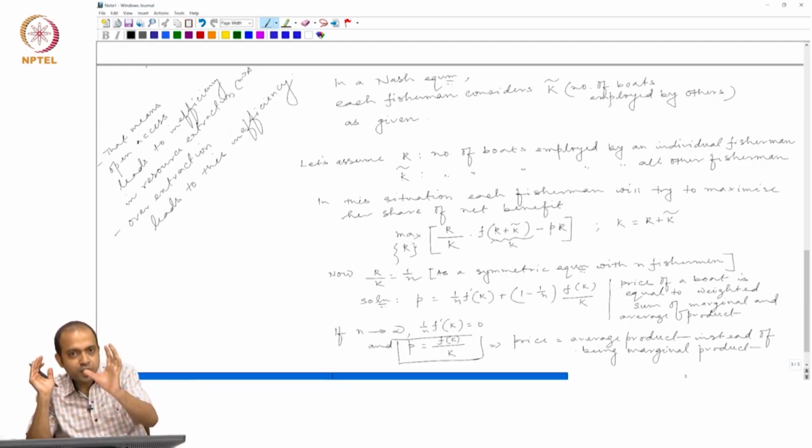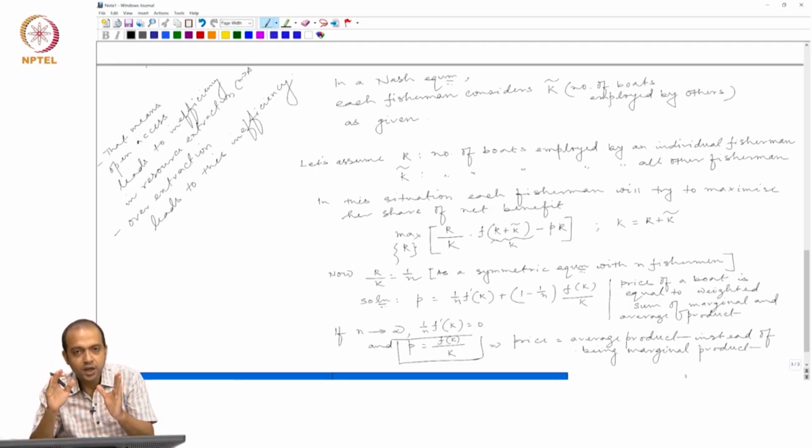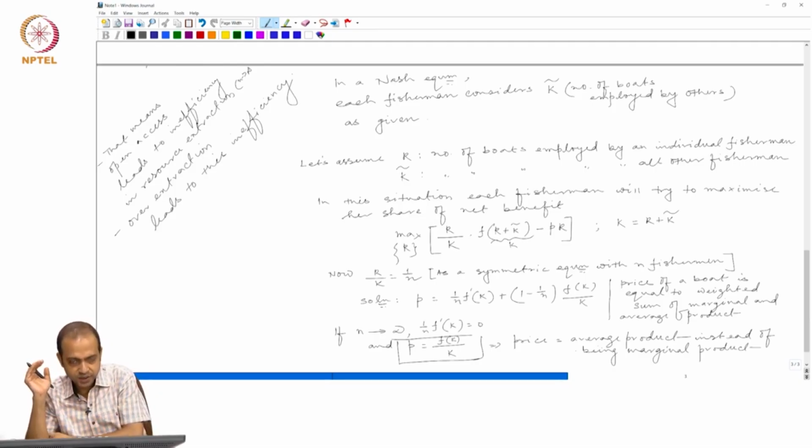If P equals marginal cost or P equals marginal product, then we say that the resource is utilized efficiently, because that is the solution derived from a competitive situation. The moment we introduce open access, there are too many harvesters.